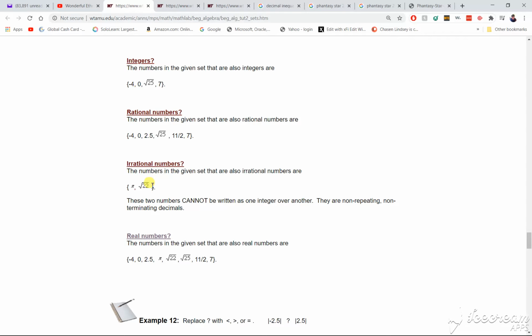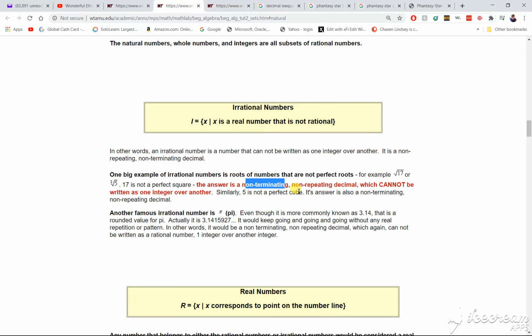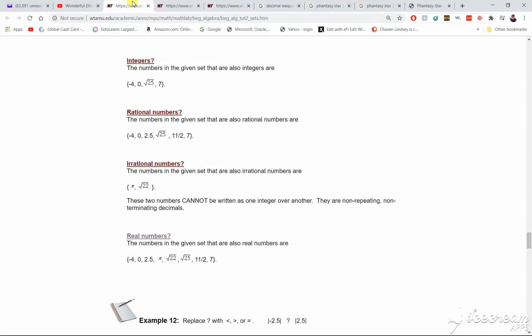And 22 is not a perfect square. Basically, it can't be under the square root sign.